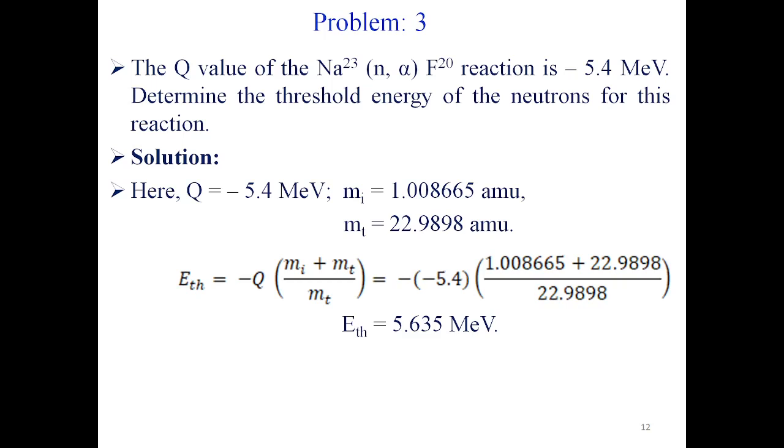Now we know the threshold energy equation. This is minus Q into Mi plus Mt divided by Mt, that is, mass of the projectile plus mass of target divided by mass of target. By substituting these values, we get the threshold energy value. This is 5.635 million electron volt, which represents the positive value of the threshold energy.